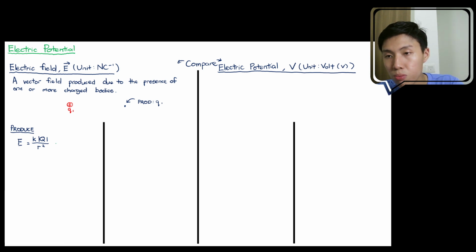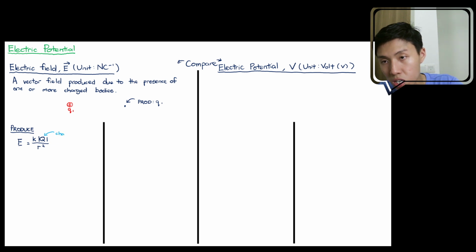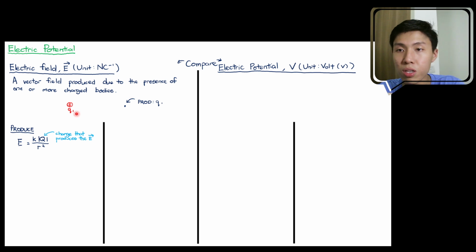But I want to make a note that this Q here is the charge that produces the electric field. In our situation, because we have only one charge Q1 over here, the presence of this Q1 causes an electric field to be produced around Q1.